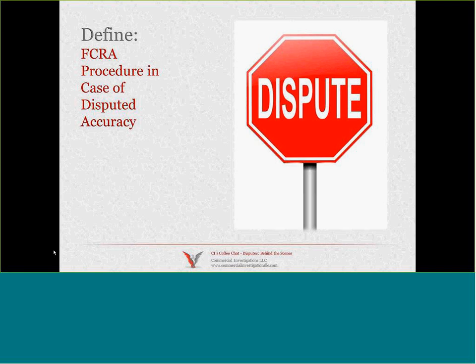In general, subsection F, if the completeness or accuracy of any item of information contained in a consumer's file at a consumer reporting agency is disputed by the consumer and the consumer notifies the agency directly or indirectly through a reseller of the dispute, the agency shall, free of charge, conduct a reasonable reinvestigation to determine whether the disputed information is inaccurate and record the current status of the disputed information or delete the item from the file in accordance with paragraph 5 before the end of the 30-day period beginning on the date on which the agency receives the notice of the dispute from the consumer or reseller.